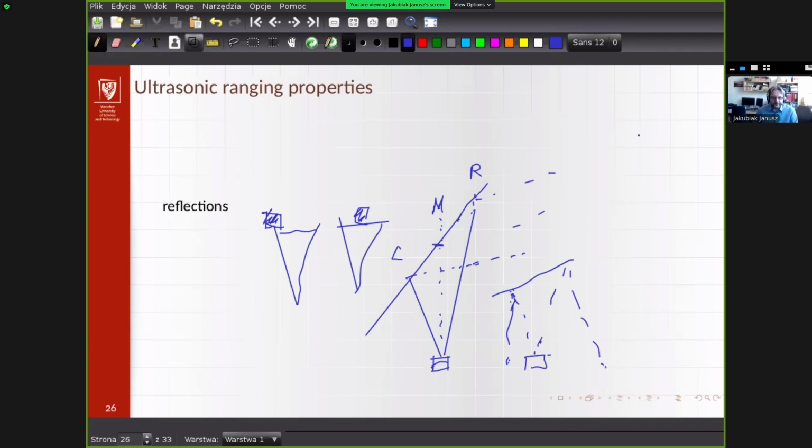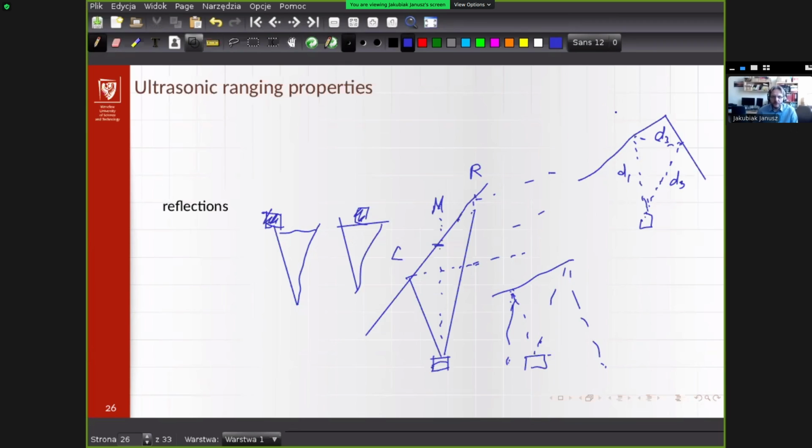What else may happen? When you have a situation like that, you have the right angle. Not the best version of that, but if we have the right angle and we send a beam from the sonar, it will reflect more or less like that. So the distance that you get is not the distance to the wall, but the total distance of this part, this part, and this part, divided by 2, of course.